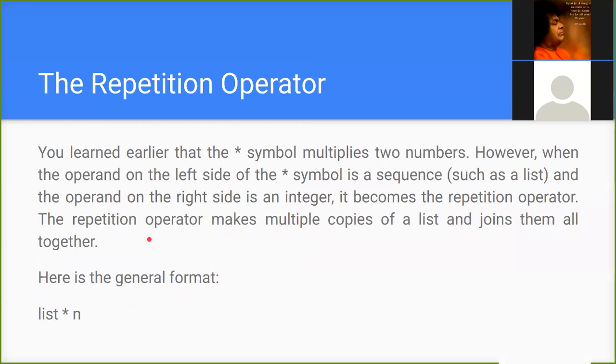Let's explore different operations that we can perform on a list, and then we will see how a list can be used. The first operation that we can perform upon a list is the repetition operator. We had seen that the symbol star is used to multiply 2 items in Python.